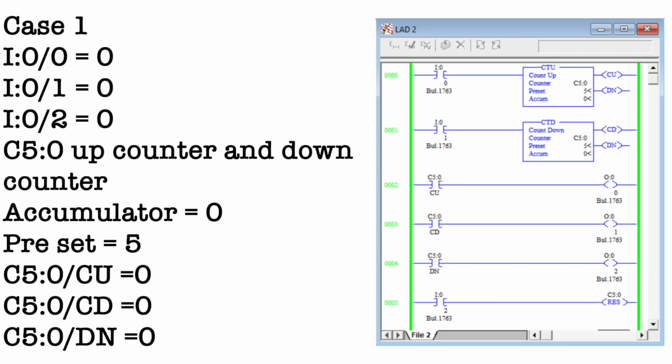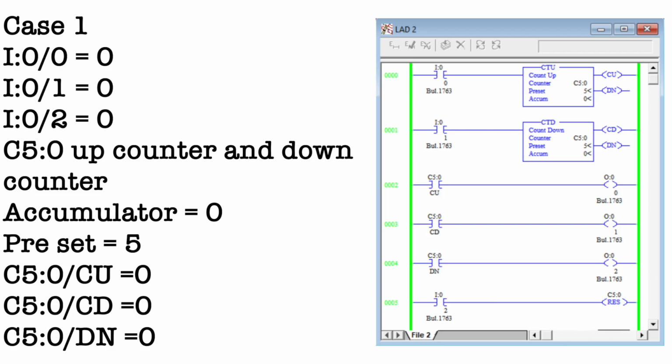So let's take the first case when both the inputs are 0. Both inputs, I:0/0 and I:0/1, are 0, which means my up counter and my down counter both don't get supply, right? That's why, for the up counter, you can see here the preset value is 5 and the accumulator value is 0, so it doesn't provide the done bit.